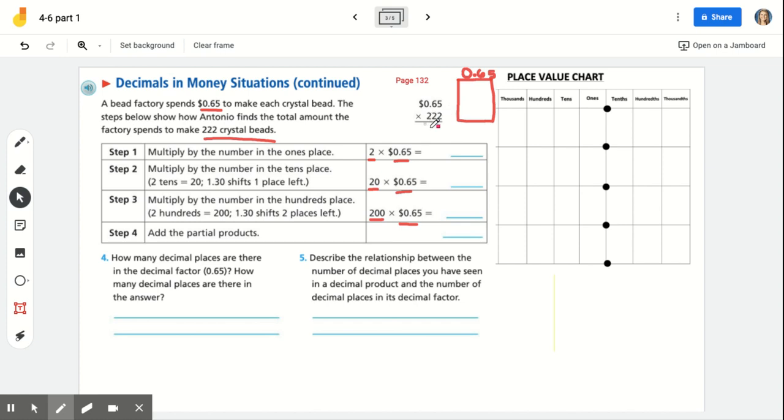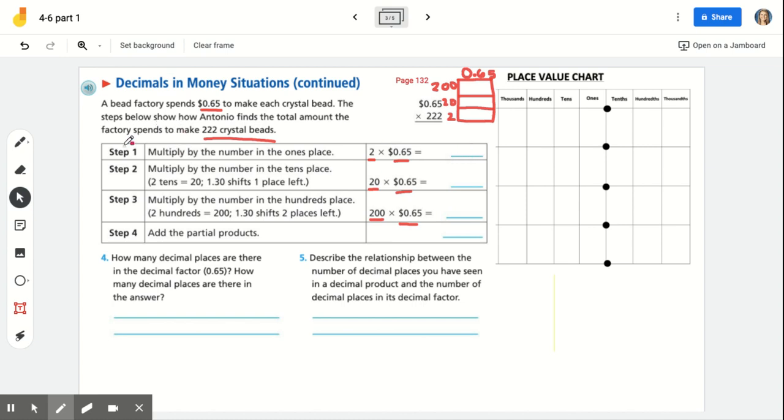Well, the factor 222, they broke it up into its place value sections. So we have 200. We always start with the largest one, 20, and 2 to make up 222. And that's going to give us 3 partial products, 1, 2, 3, that we're going to be solving within our text.